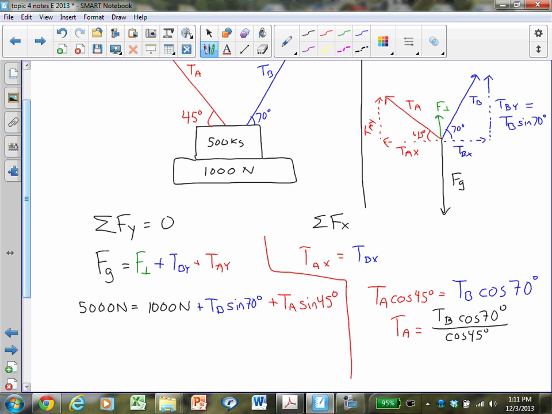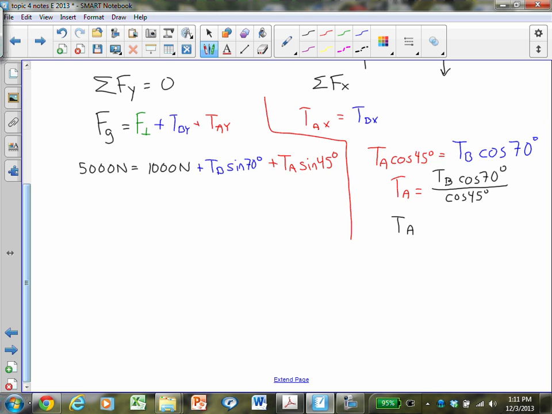So cos 70 is 0.342. So TA equals TB 0.342, and then cosine of 45 is 0.707.